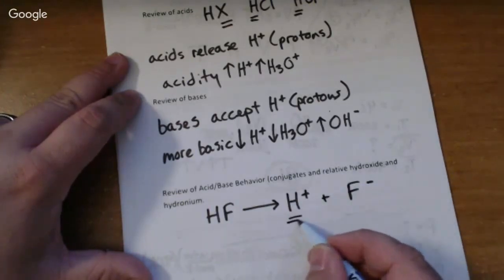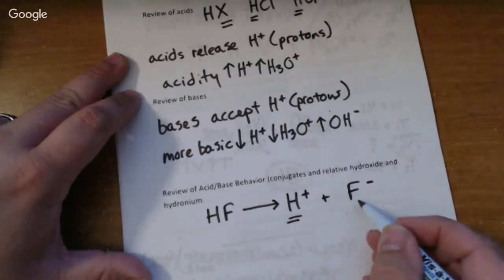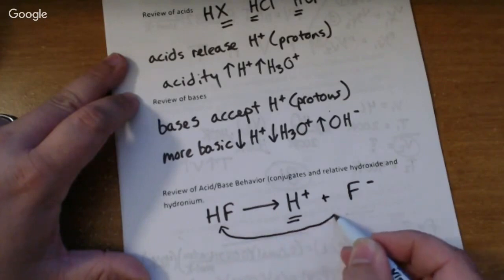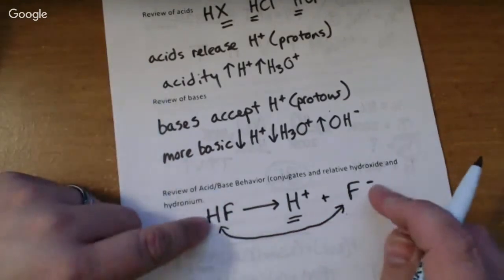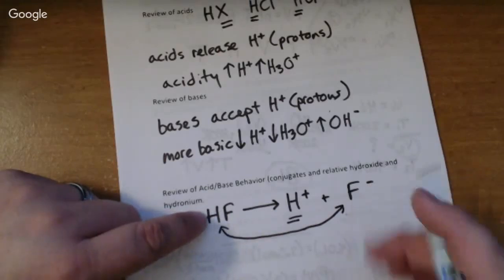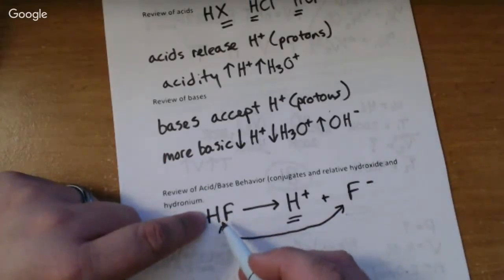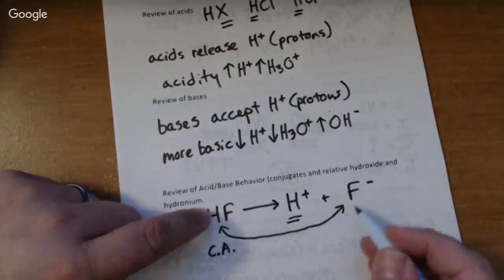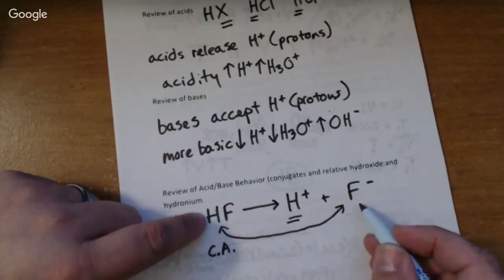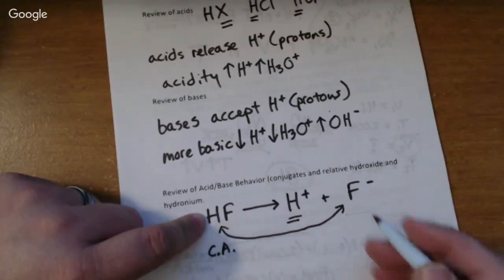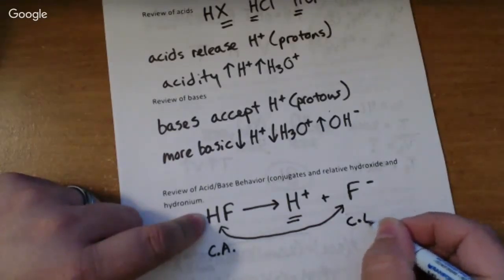So it releases an H+ because it's an acid and leaves behind its conjugate base. If you look at the difference between these two, they only differ by a single proton, a single H+. This one has the H+, this one doesn't. Because they differ only by an H+, they're a conjugate acid-base pair. The one that has the H is the conjugate acid. The one that doesn't is the conjugate base.